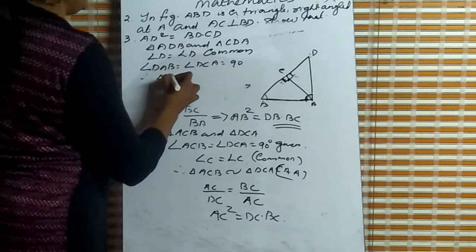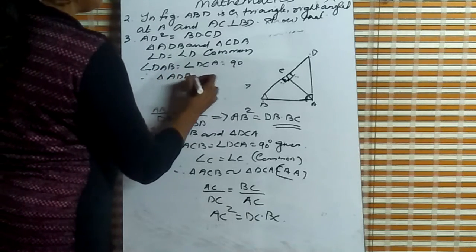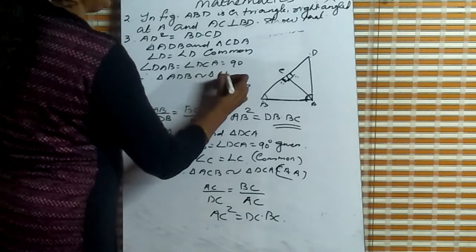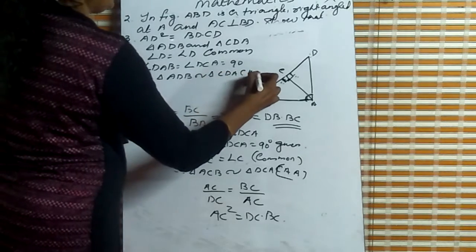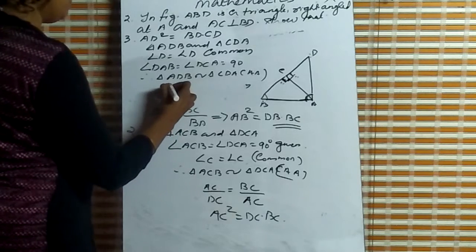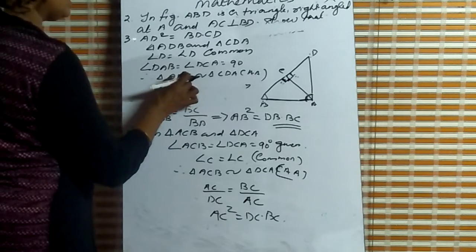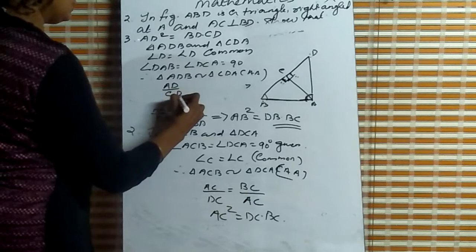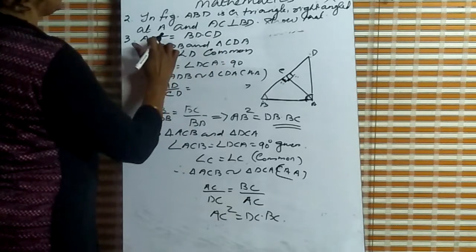Therefore, triangle ADB is similar to triangle CDA by AA similarity criterion. Therefore, AD by CD is equal to BD by AD. Here, we have to prove that AD square.